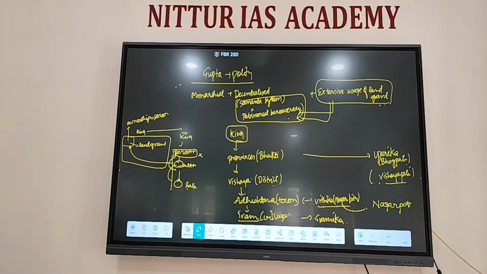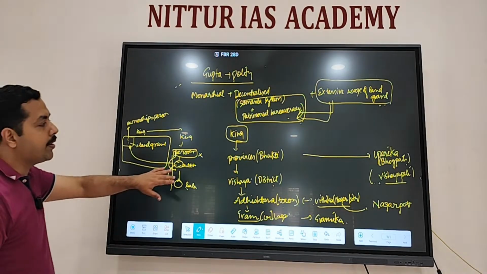Then third, you had the concept of Sangrahana. Sangrahana used to be called as what? Group of villages. And lastly you have Gram or Gramika.